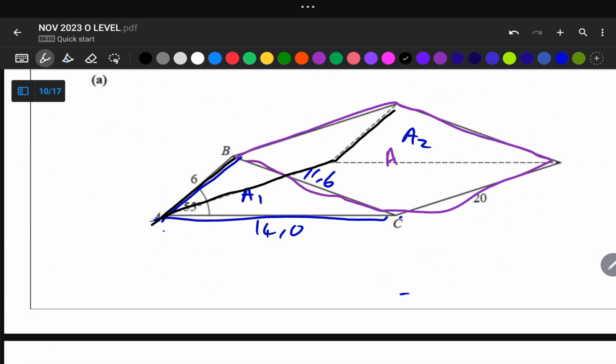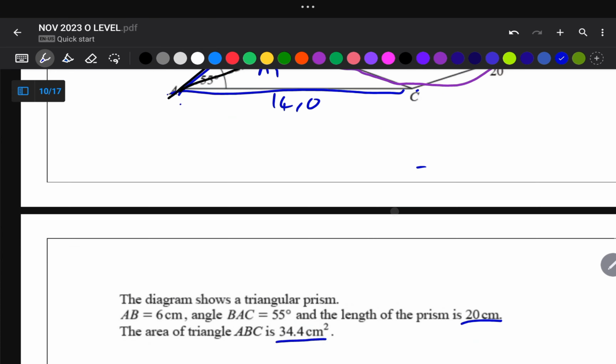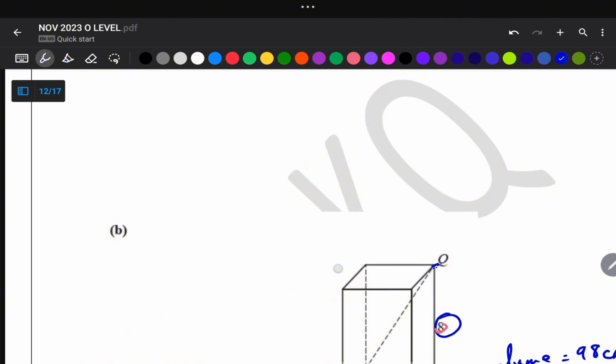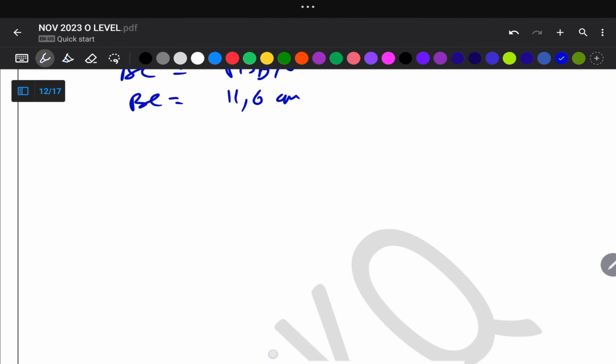So we can label this one C. Okay, so area of A is equal to 11.6 multiplied by 20. This gives us 232 square centimeters.